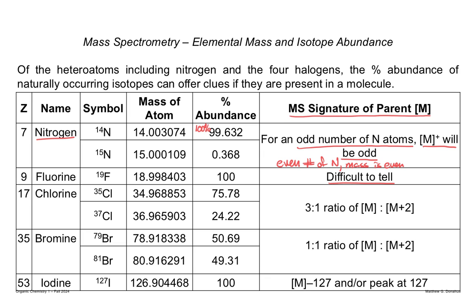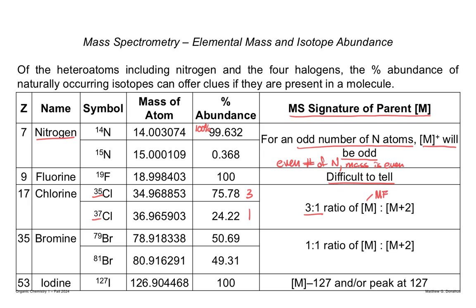Chlorine, you have two naturally occurring isotopes, 35 and 37. They're in a 3-to-1 ratio. And what that means is, again, your parent is your complete molecular formula. And so if you look 2 mass units greater than the parent, so M plus 2, if you see those signals in a 3-to-1 ratio, you can say, okay, that has a chlorine in it.